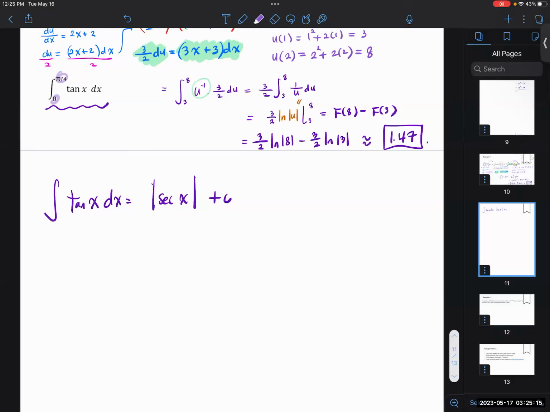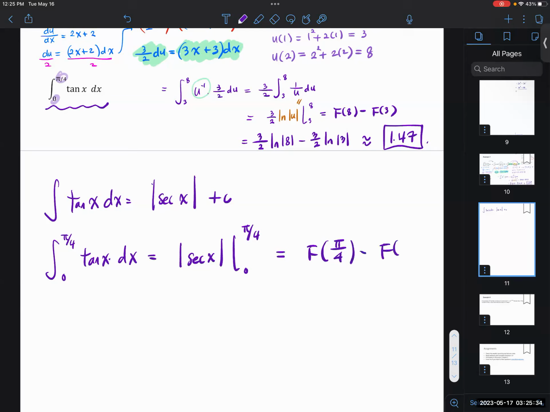So all you need to do, you're going to subtract. So we have the integral from 0 to pi over 4 of tangent x dx means absolute value secant x from 0 to pi over 4. That means evaluate at pi over 4 minus evaluate at 0.